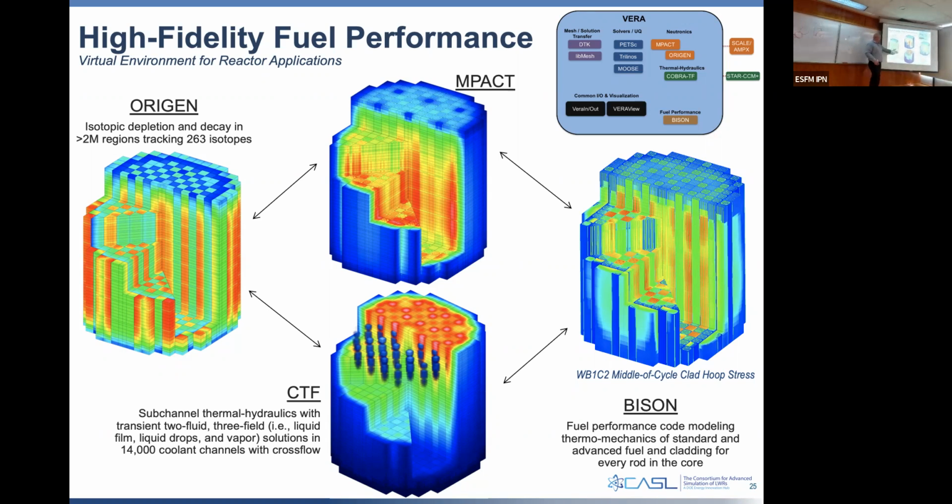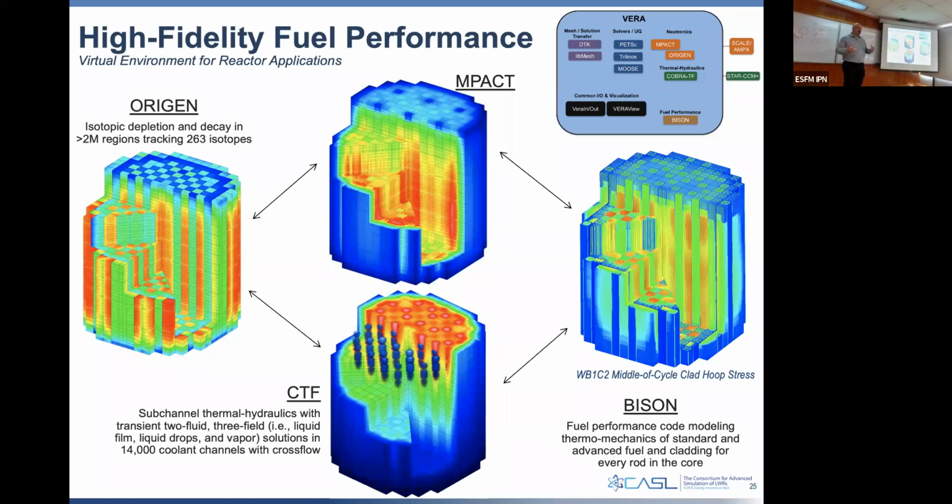And the model doesn't care about how it got to where it is. It wants to know what's my temperature, what's my burnup, what are my materials, and it just uses that. But structural mechanics doesn't behave like that. In structural mechanics, there is a fundamental dependence on how I got to where I am now.